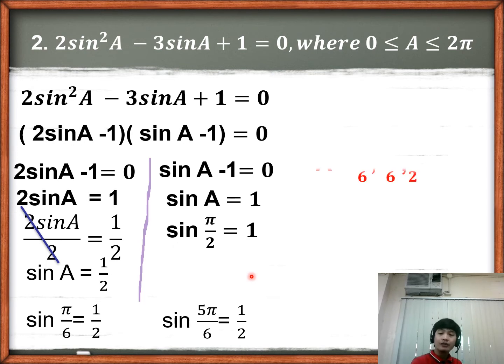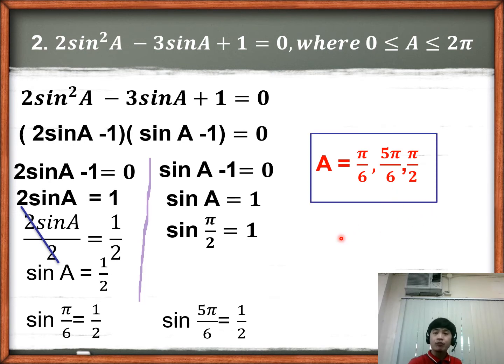Ngayon, kung ating titignan ang value ng A natin that will satisfy this particular equation is pi over 6, 5 pi over 6, and pi over 2. Ibig sabihin, for the first rotation, ito yung mga angles na makakasatisfy for this particular trigonometric equation with respect to the variable A. So, ito po yung mga values ni A for 0 to 360.